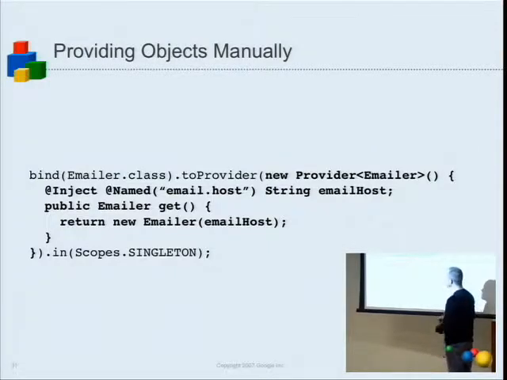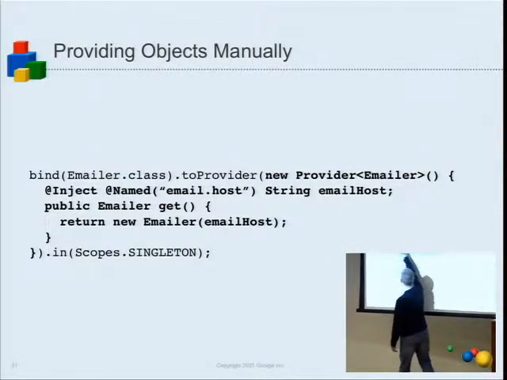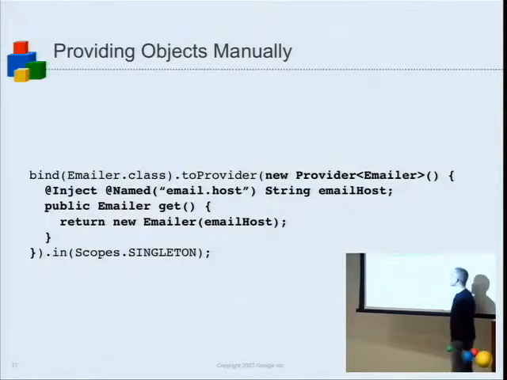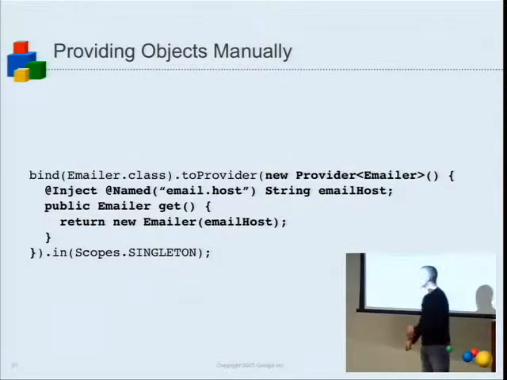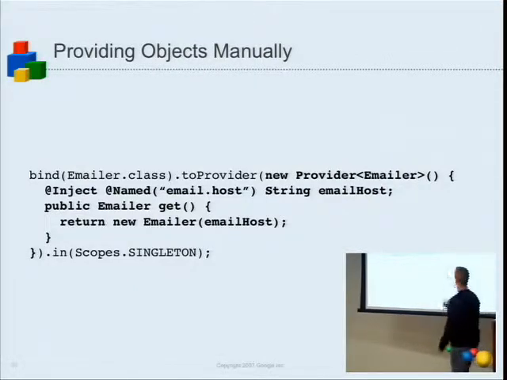And to tell Guice that you want to write a custom provider, in this case we're going to provide an instance of emailer, you just say bind emailer to provider, and you give it a provider of emailer. The nice thing about this is that even though we can't inject emailer directly, we can inject our provider.